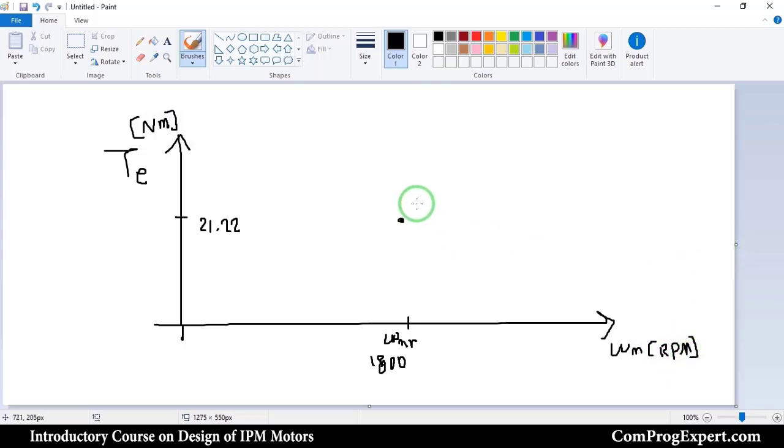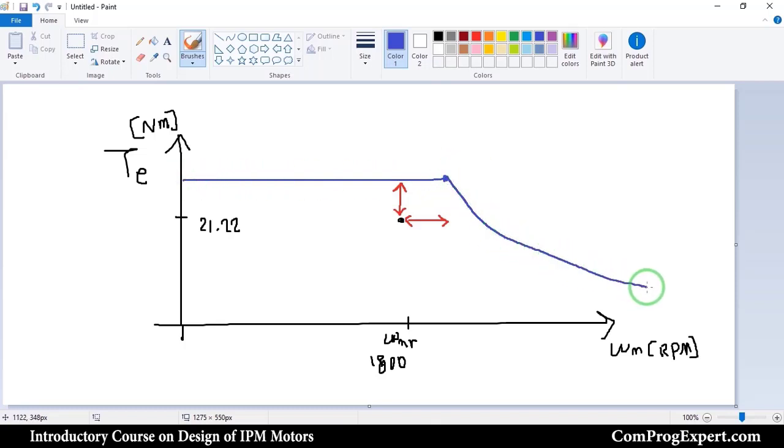So if you consider 10% margin in our design there and 10% in our design there, we have this curve.